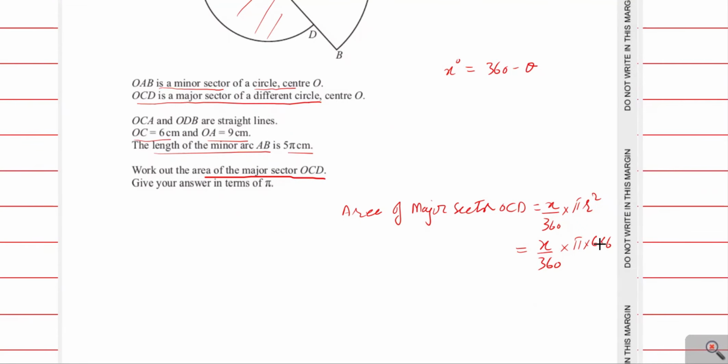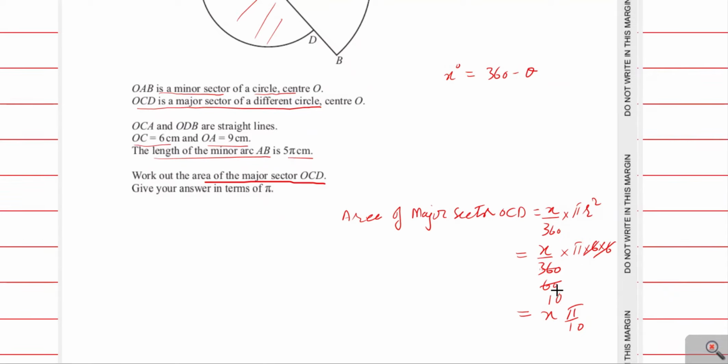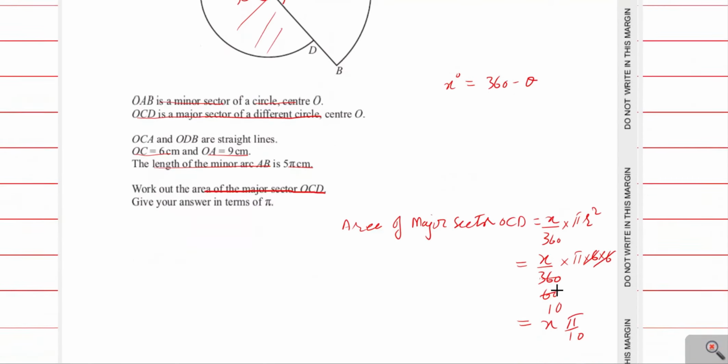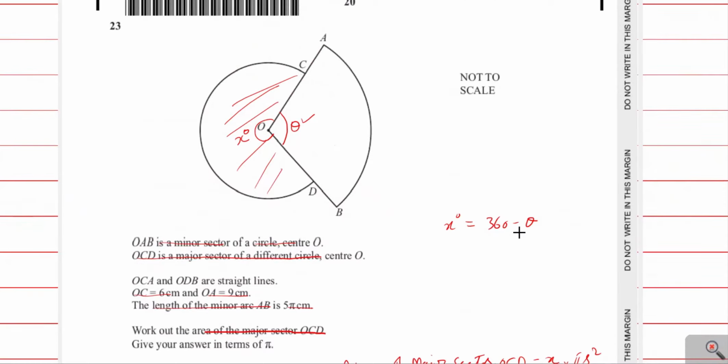This will be equal to 6 times 6 is 36, and 36 over 360 is 1 over 10. Therefore, we write x into pi over 10. And if we calculate the value of x, we can calculate the area of the major sector. If we calculate theta, we can calculate x degrees.